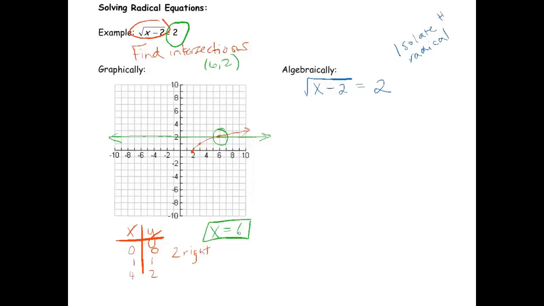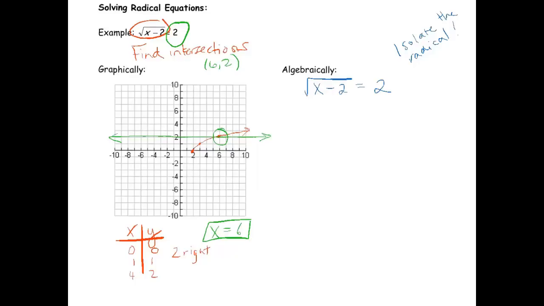Notice that the square root is actually by itself right now. What I mean by itself is that there's no plus or minus behind it here, and there's no number in front, no a value besides the 1. So that's what I mean by isolate.